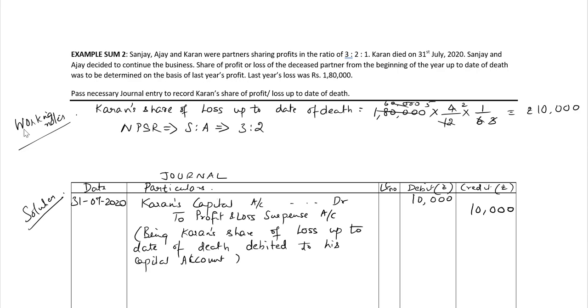So this is the answer to the example sum 2. Since it's a loss, we had to debit the deceased partner's capital account and credit profit and loss suspense account.